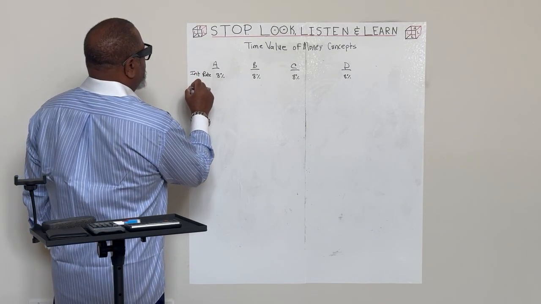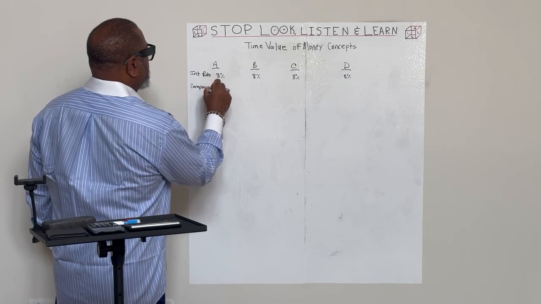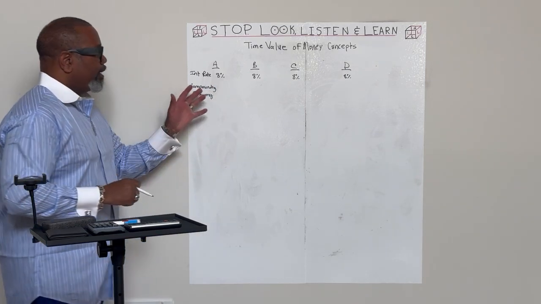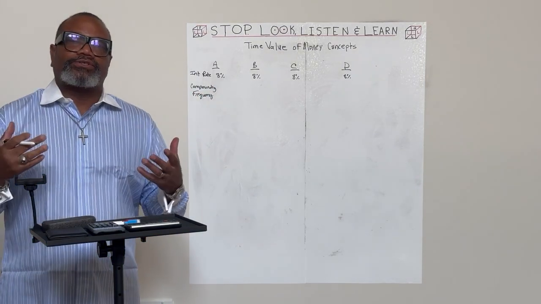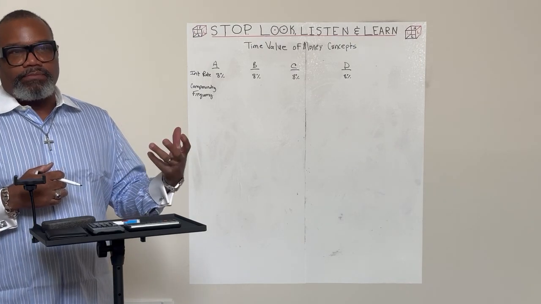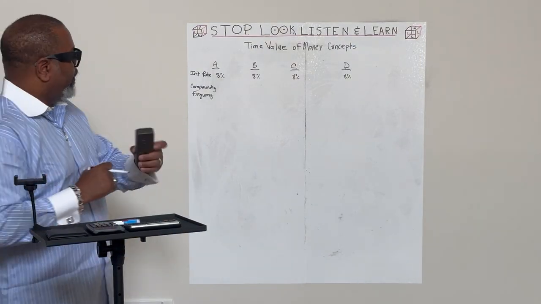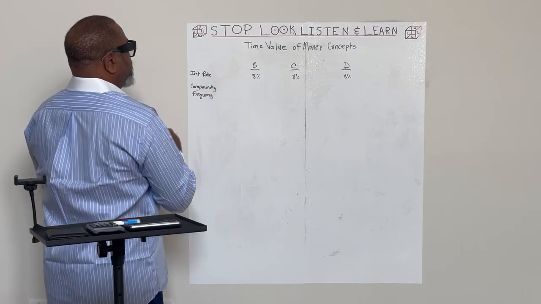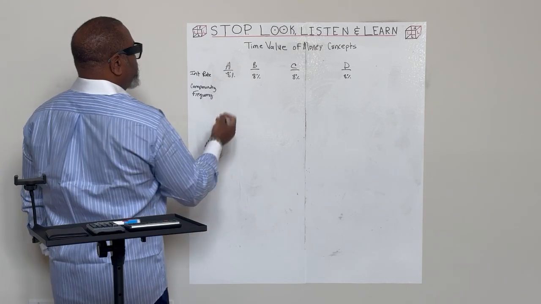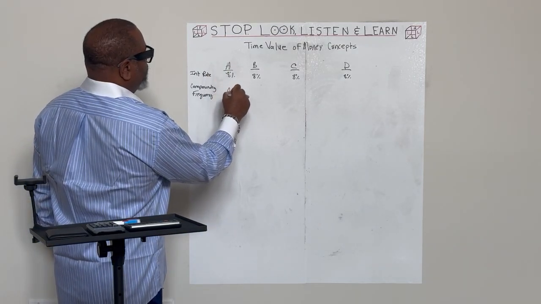But now we're going to look at compounding frequency. Compounding frequency is important because it tells you how many times per year the interest will compound. For bank A, we're going to say 8%, and bank A has a compounding frequency that is annual.